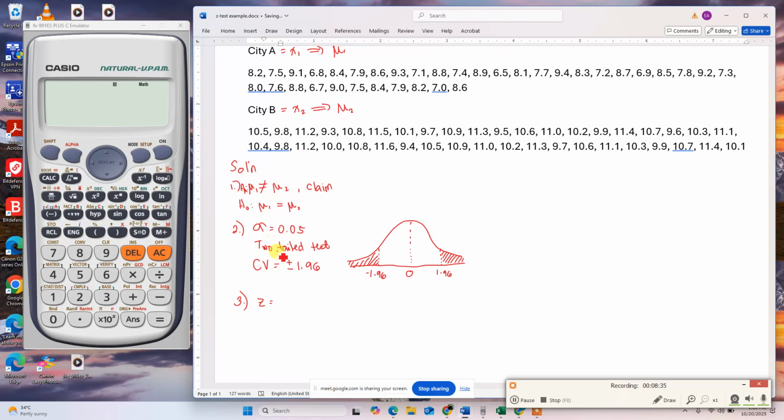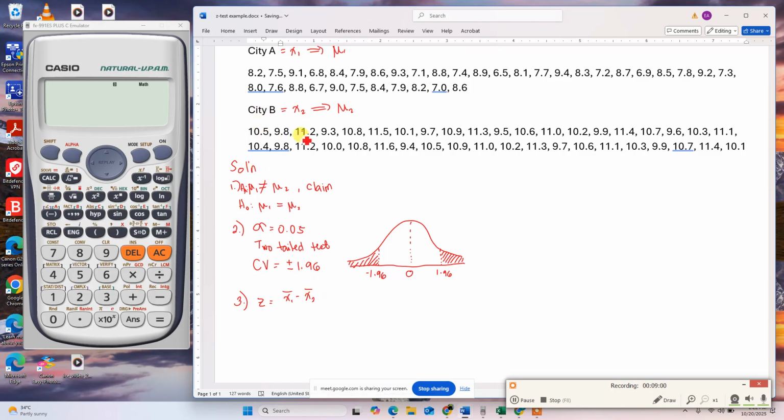The formula for the z-test would be: you have now, for this symbol, this means that this is the sample mean 1. Meaning, for this example, the mean of the CTA minus the sample mean 2.